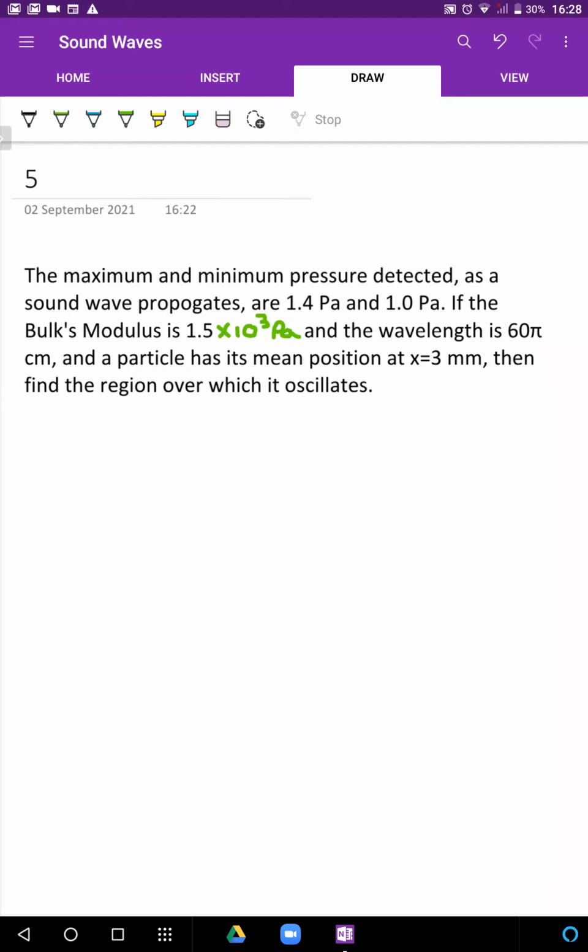Okay, these are anyways made up values. Bulk modulus is not this big, but just calculate what the values are.